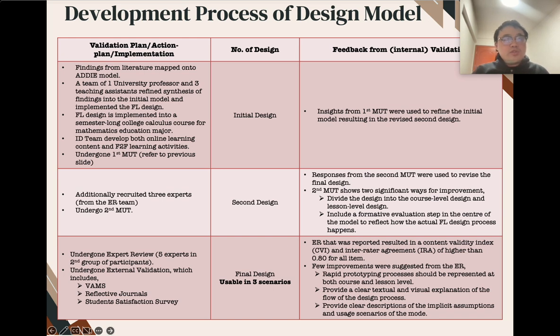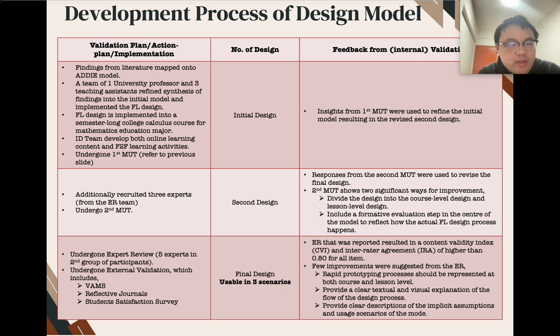Okay, so this is also a development process of the design model, and in this summary, we can see clearly that there are 3 designs: the initial design, the second design, and the final design. So before the initial design, there was an instructional design team consisting of the participants in the first participants group.